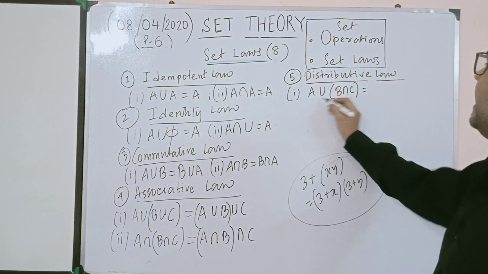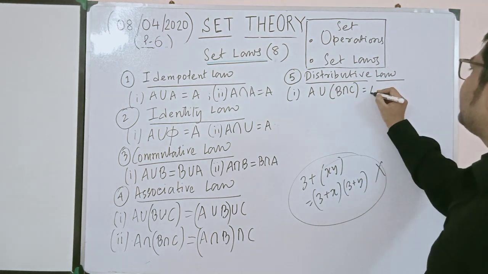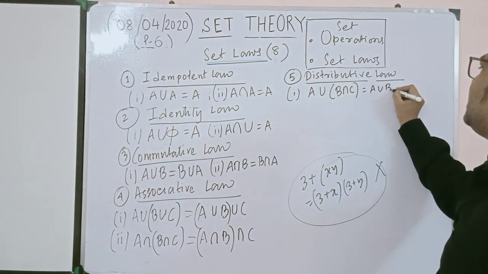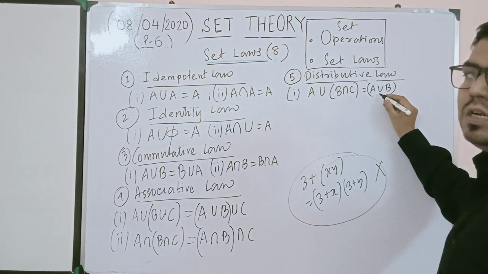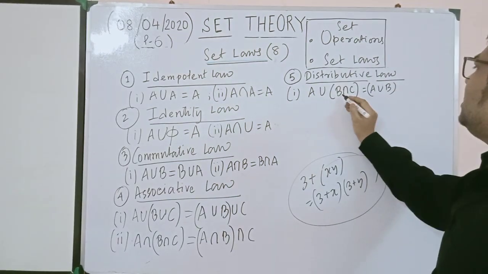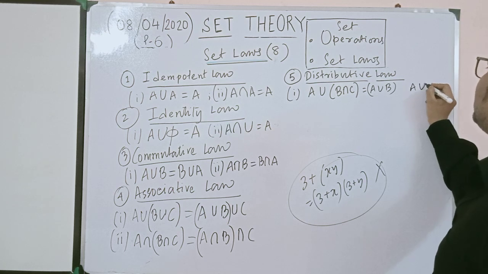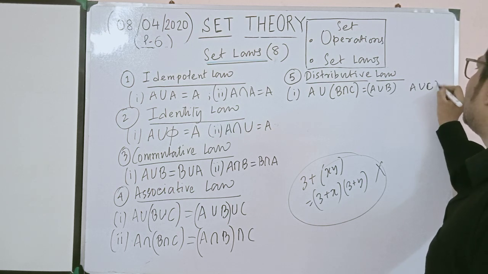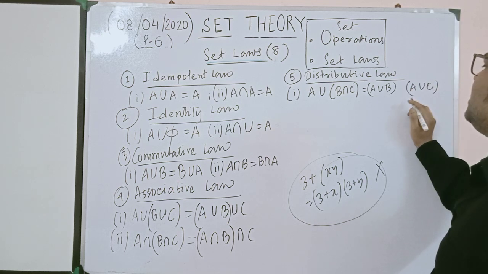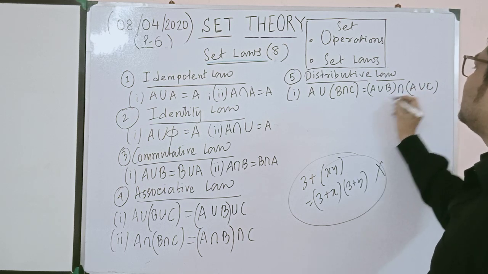So let us learn. A union B intersection C, we are distributing union: A union B, then A union C. We are distributing union over intersection.